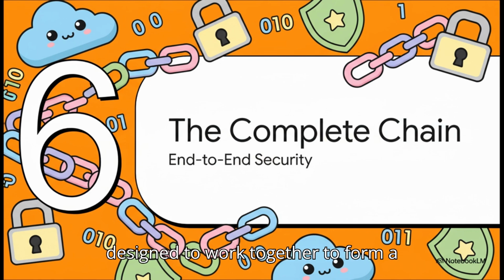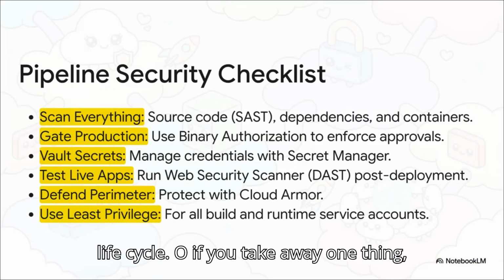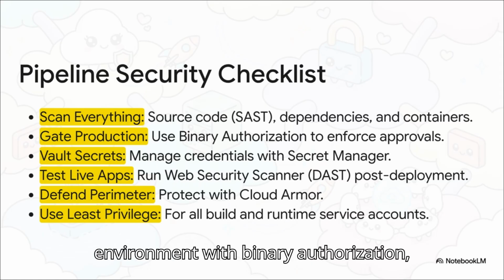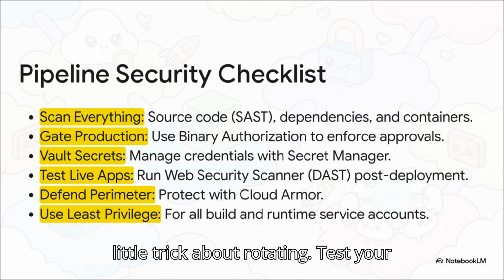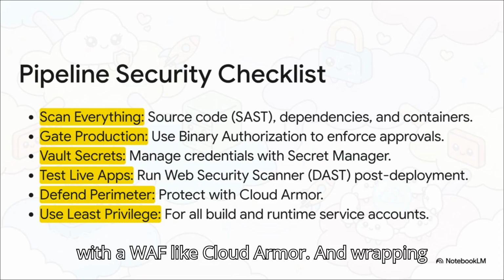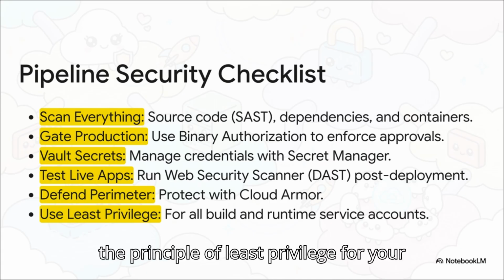They're designed to work together to form a complete end-to-end security chain that protects your code through its entire lifecycle. So if you take away one thing, let it be this checklist. Scan everything. Gate your production environment with Binary Authorization, vault your secrets, and remember that little trick about rotating them. Test your live apps with a DAST tool, defend them with a WAF like Cloud Armor, and wrapping around all of this, always use the principle of least privilege for your service accounts.